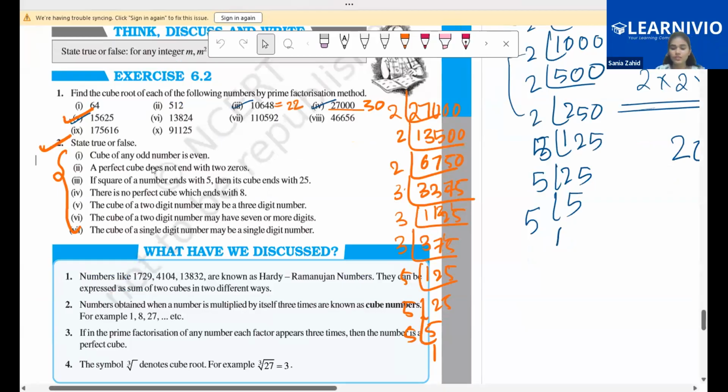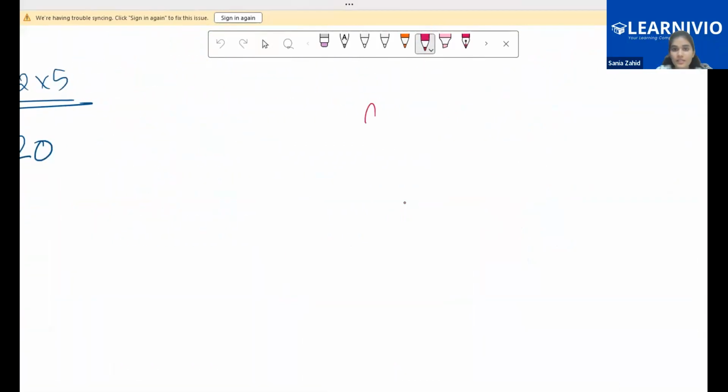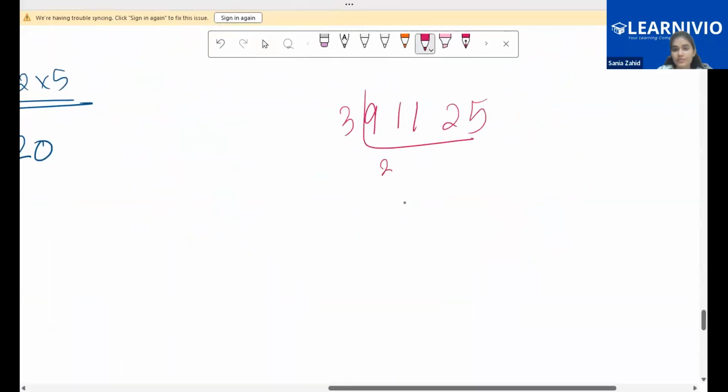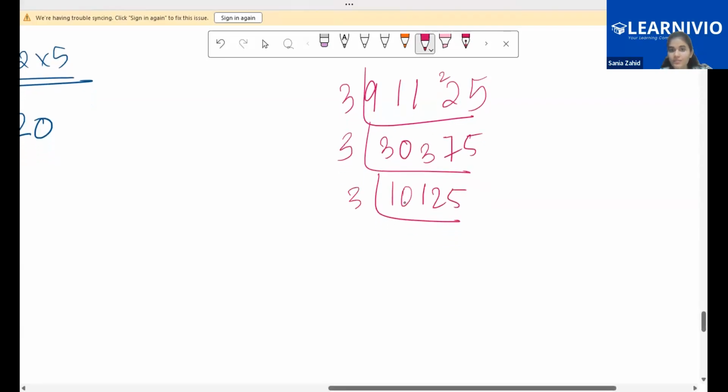So look here now. How do we prime factorize this? First by 3. So 30375 we get. Again, we can do by 3. Now again, we can do by 3.